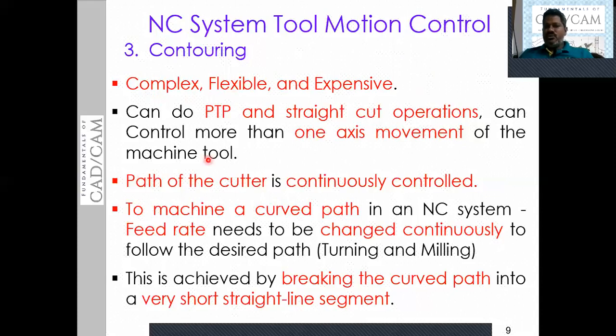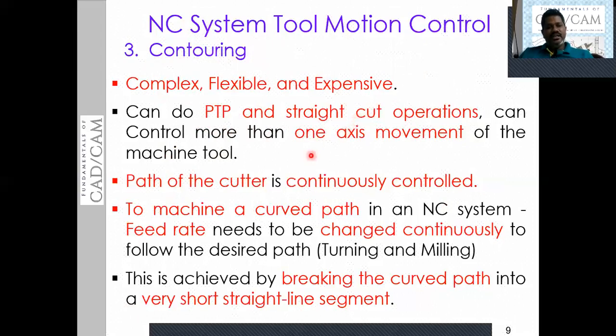Once we use this type of tool motion control, once we adopt this system, the tool can move in PTP as well as straight cut operations also. That means once we implement this type of tool motion control, we can also move the tool in PTP and straight cut.